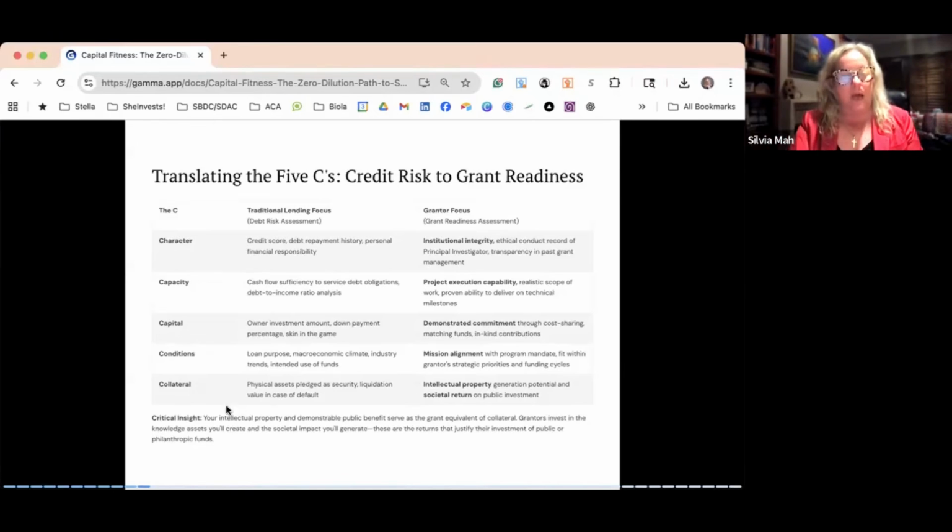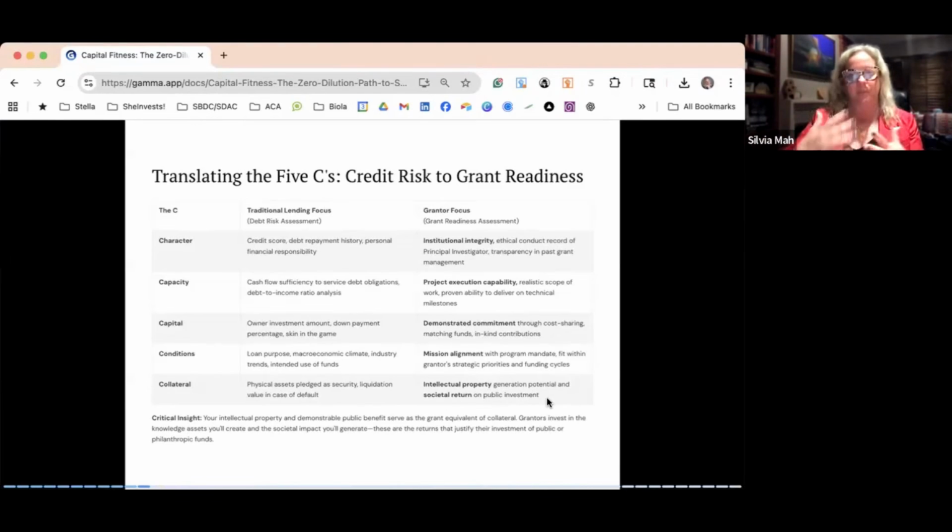Then next up is collateral, lastly, right? In the lending focus, it's physical assets pledged as security, liquidation value in case of default. What is that collateral? But for the grant readiness assessment, it's intellectual property. That's the collateral that you have, and the potential societal return on public investment.